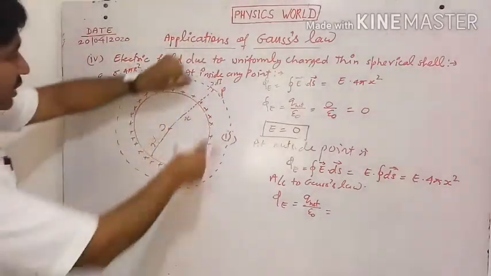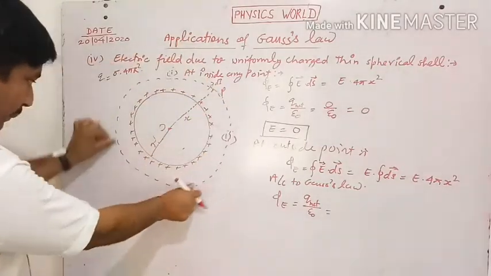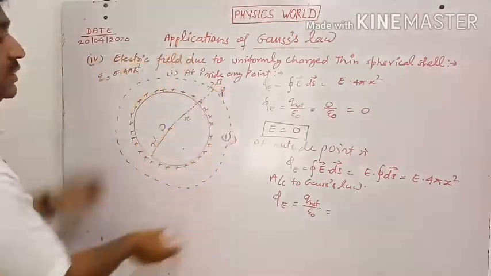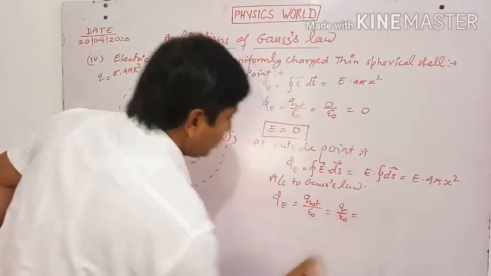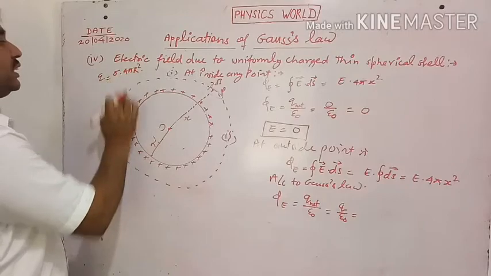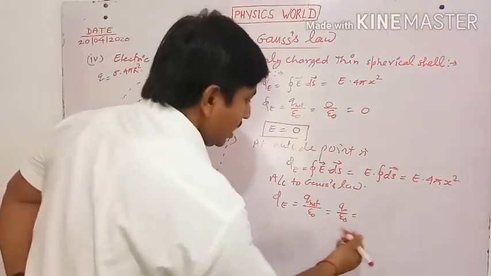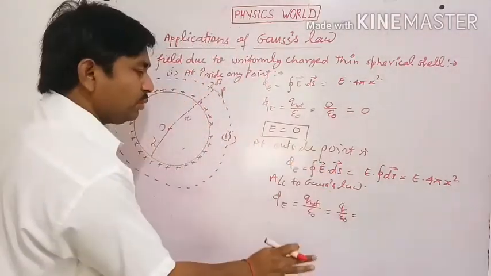We are seeing that the total electric flux enclosed by this Gaussian surface is Q upon epsilon naught, and the value of Q is sigma times 4 pi r square, or you can write it as Q also.